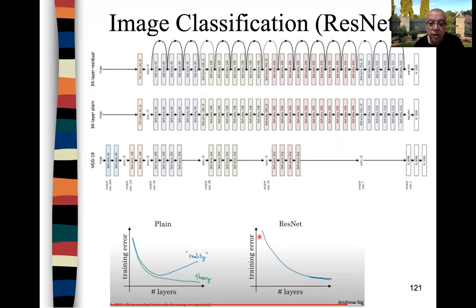And when you use a ResNet, your training error goes down. So you're able to have a very large number of layers, a very deep network, meaning that because you have a low training error, your bias is low, and then if you have a large data set, you can reduce your variance.